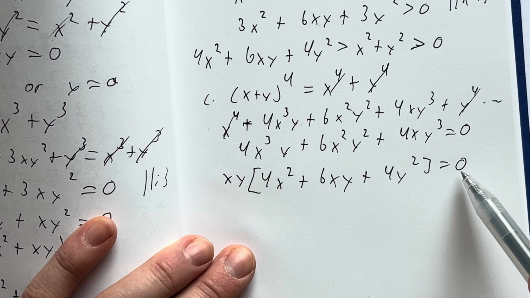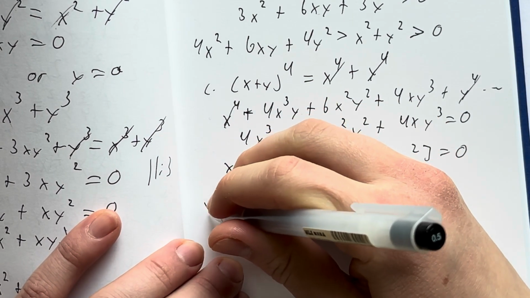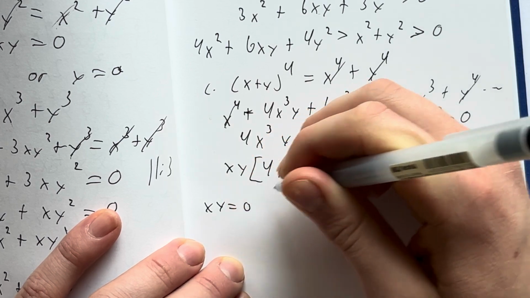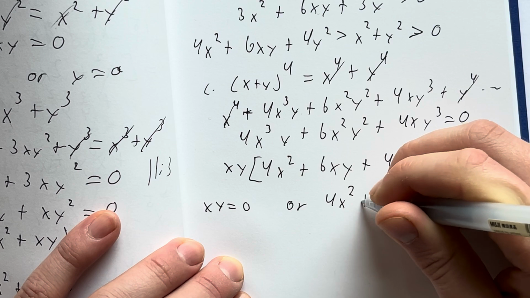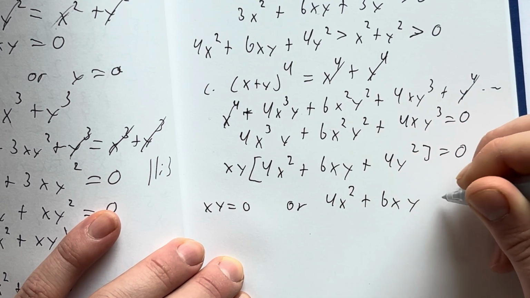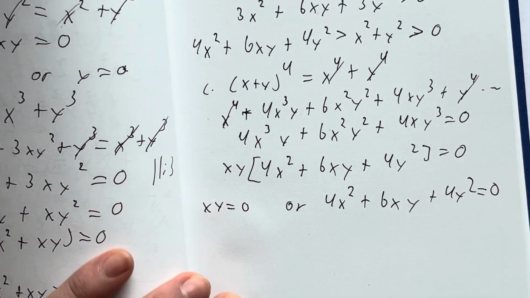And thus, because on the right hand side we have 0, either xy equal to 0 or 4x^2 + 6xy + 4y^2 equal to 0.